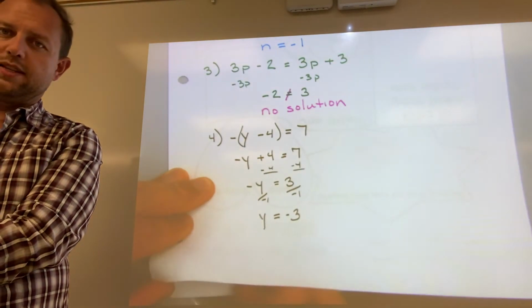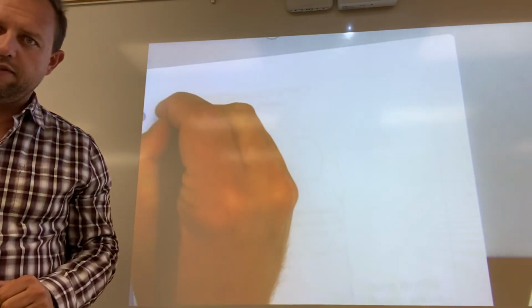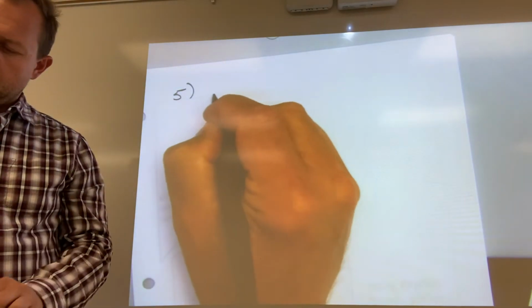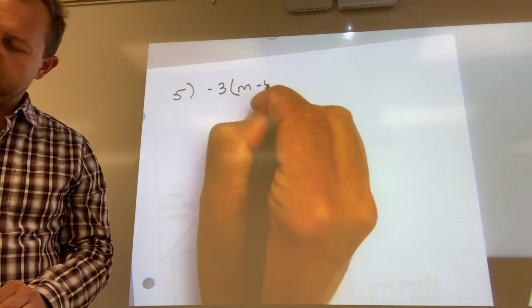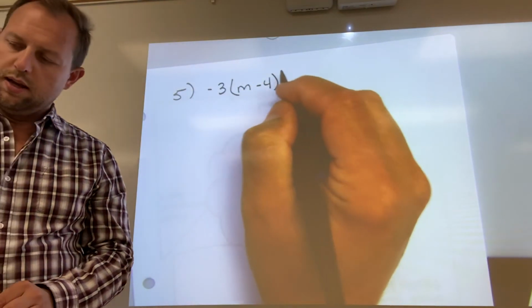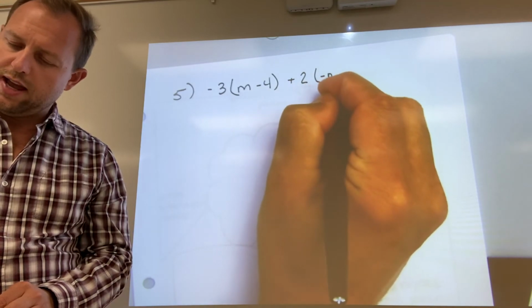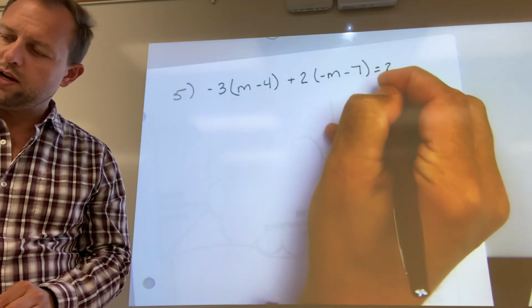And our last example, example 5. Negative 3 times the quantity m minus 4 plus 2 times the quantity negative m minus 7 equals 28.